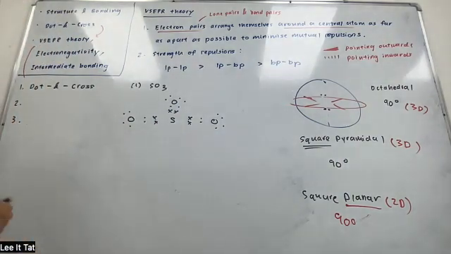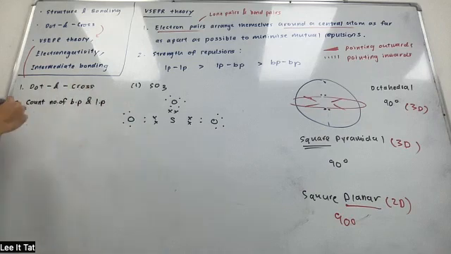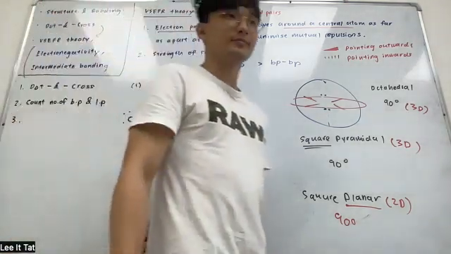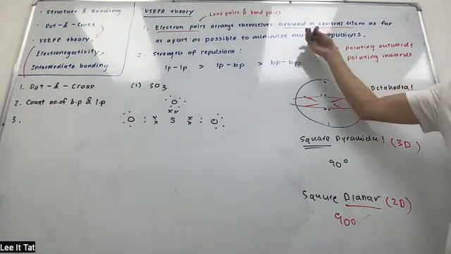So guys, once you're done with dot and cross, can you all tell me? You must go and count the number of bond pairs and lone pairs. How many bond pairs and how many lone pairs do I have? Come tell me after you count. Okay, on the central atom, by the way, we've been discussing center.